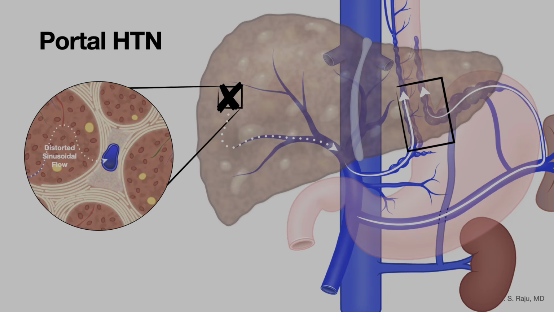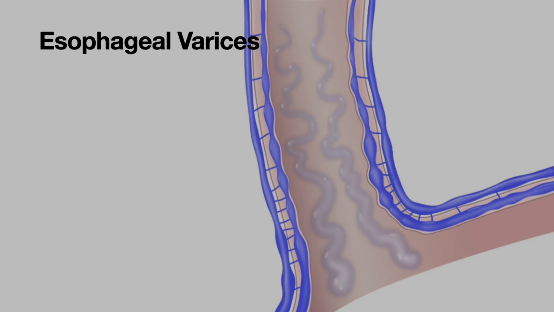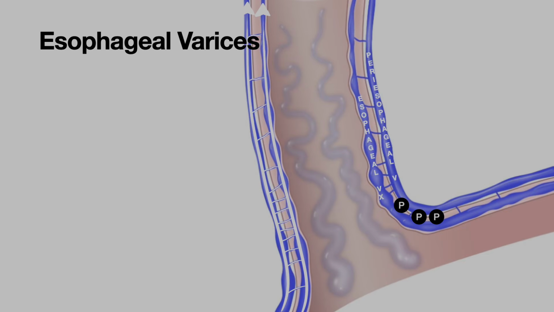Okay, the lower esophageal area, close to the GE junction and stomach. So here we go. As you can see here, the blood is going through periesophageal veins, and then from periesophageal veins through the perforator veins into the esophageal varices.